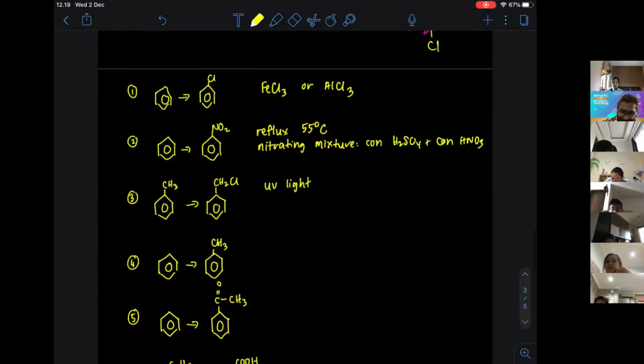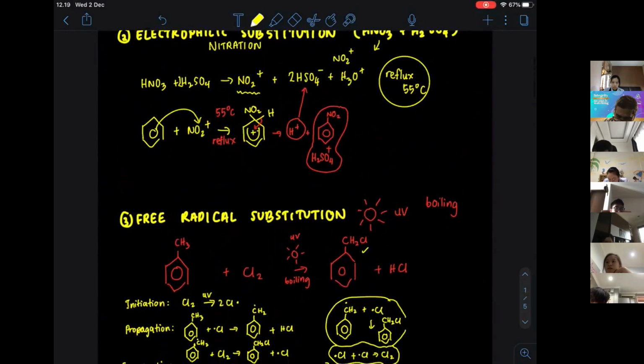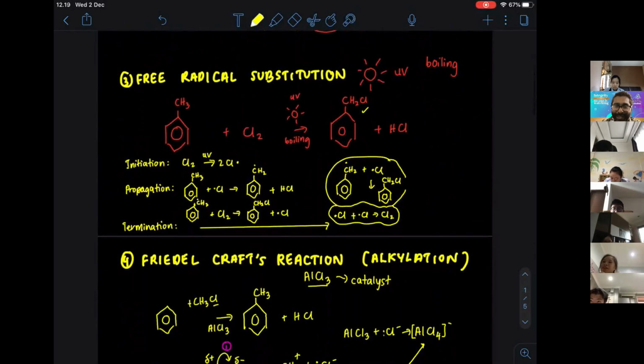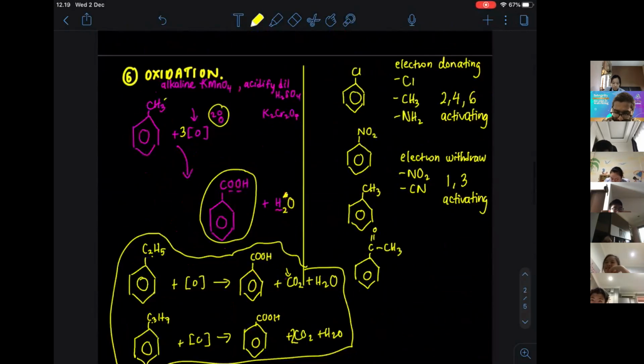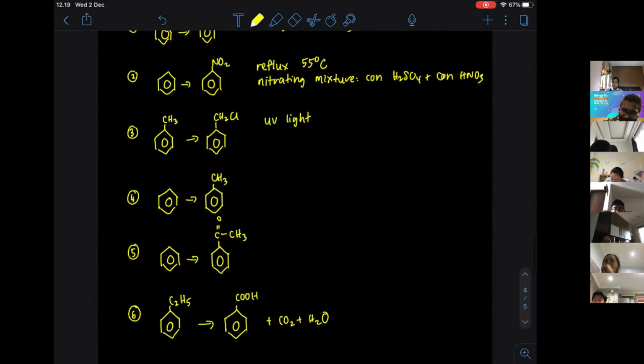UV light, and then do we need a catalyst for this? Let me check. I don't think we need a catalyst. It's boiling only. So you do not need a catalyst because the UV light is already breaking them into free radicals. So the UV light, and then they must be boiling methyl benzene. So that's the requirement.